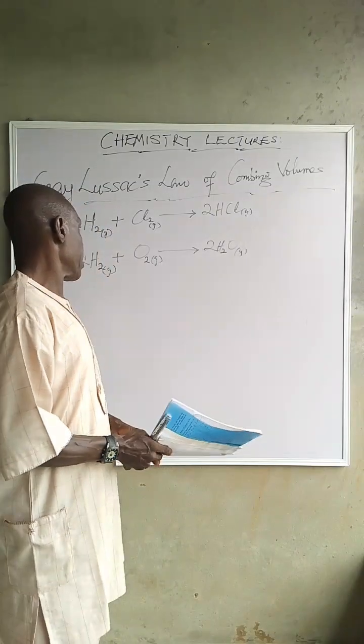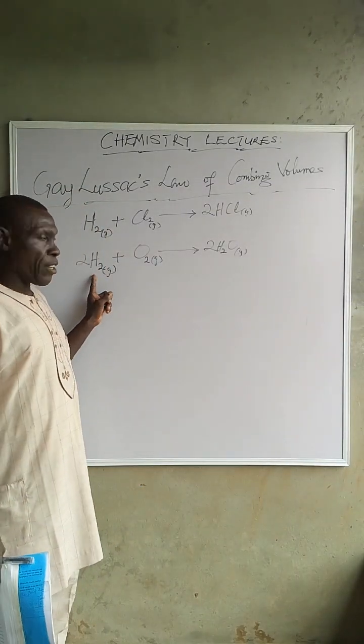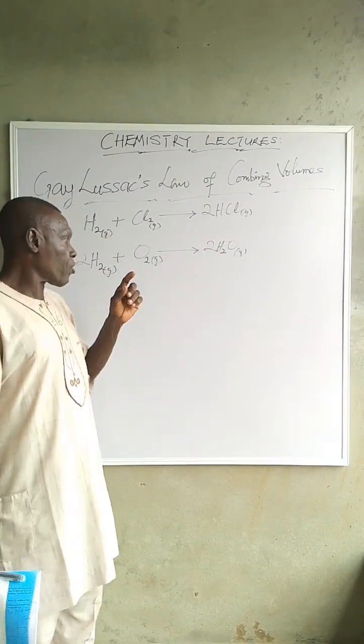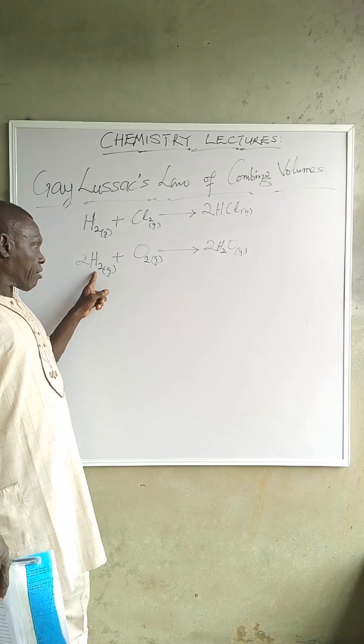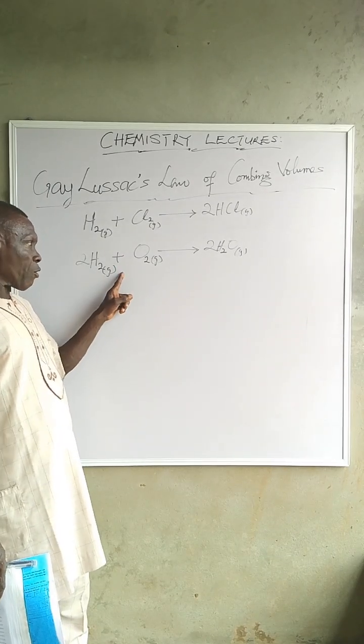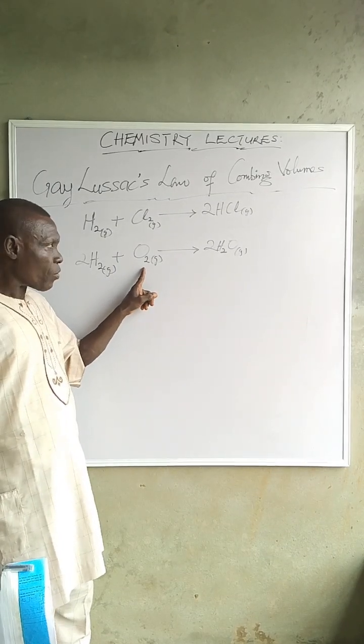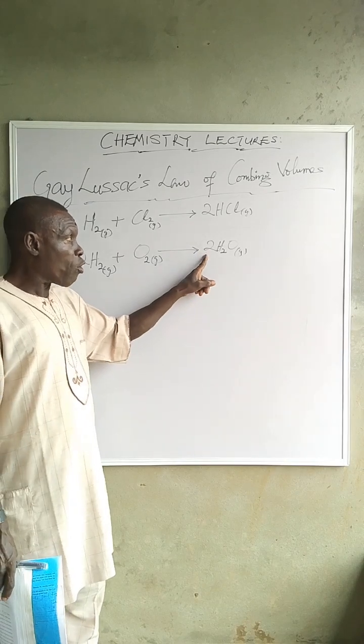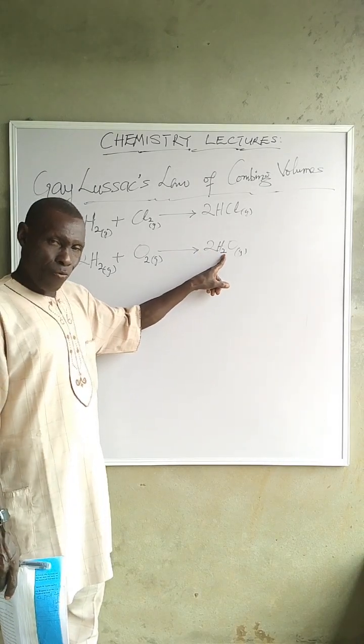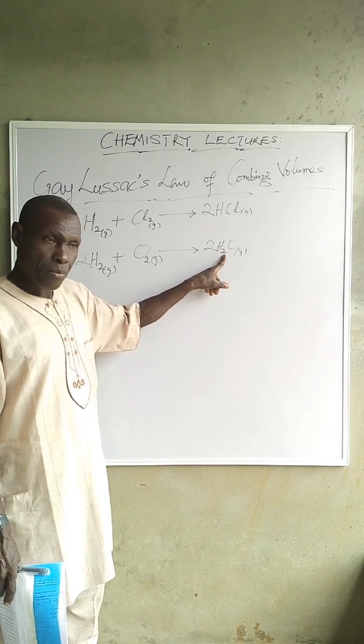Now see the second equation here. If we are going by Lussac's law, it means two volumes of hydrogen gas reacted with one volume of oxygen gas to produce two volumes of water vapor, which is steam.